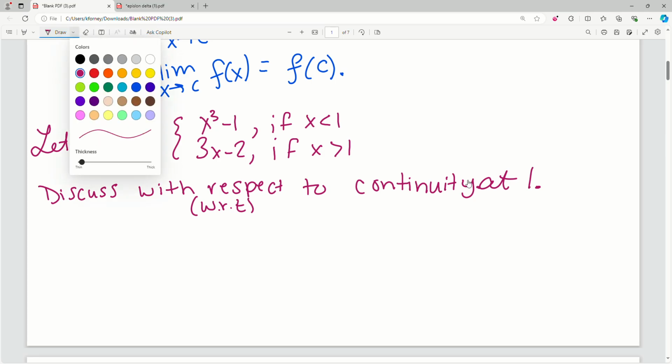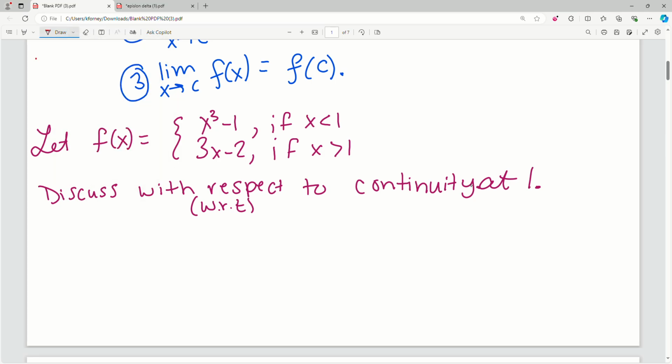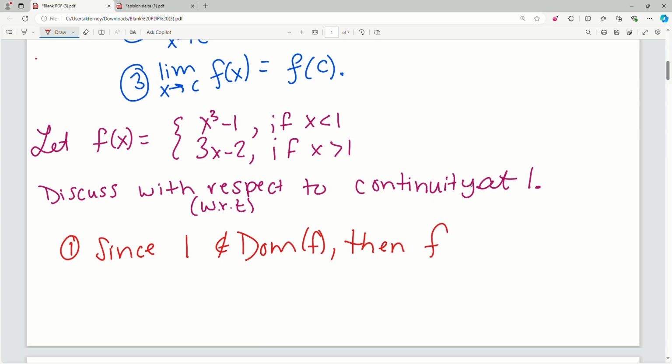So the first piece says that c has to be in the domain. Is 1 accounted for here? Since 1 is not in the domain, then f is not continuous at 1.